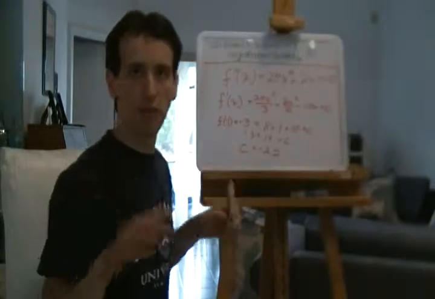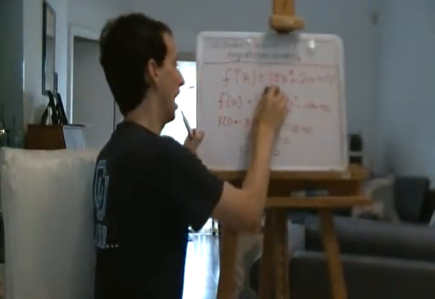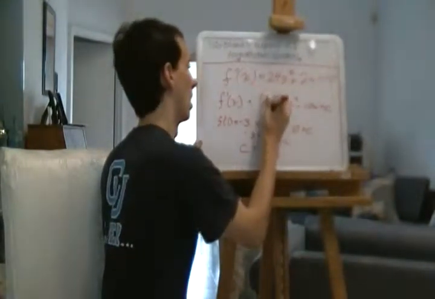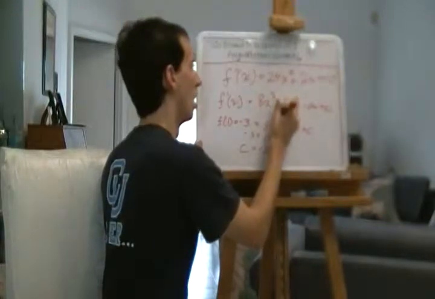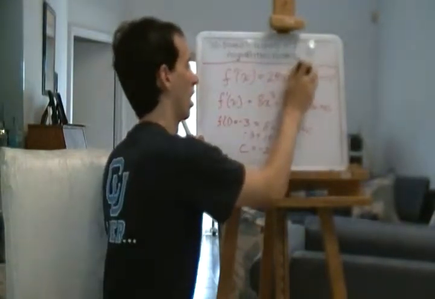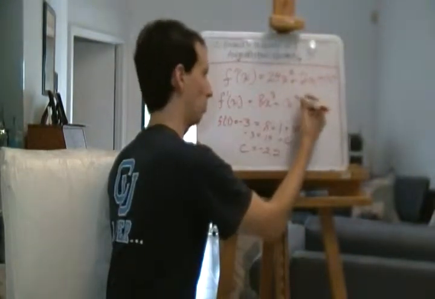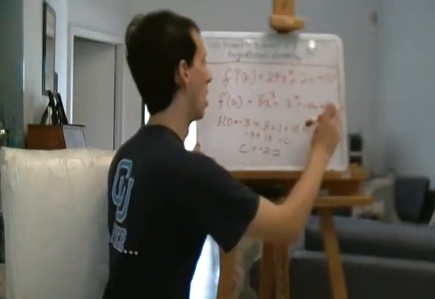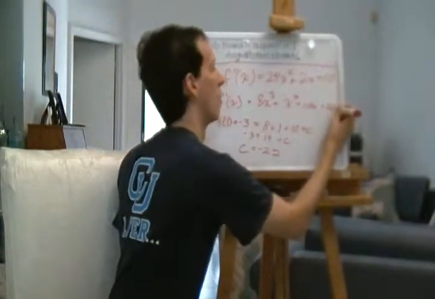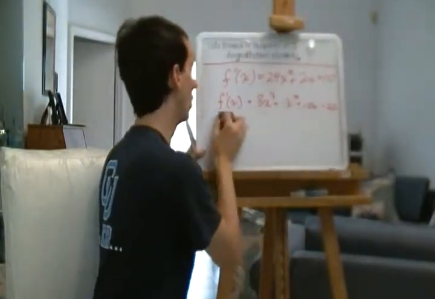So the final derivative that we have here, f prime of x, should equal 8x cubed plus x squared plus 10x minus 22. Alright, so we're getting further along. We're almost there.